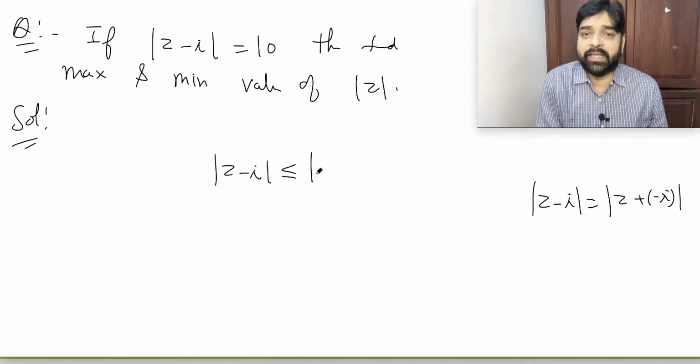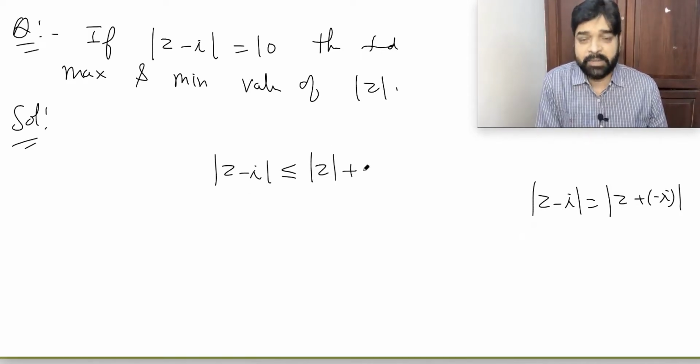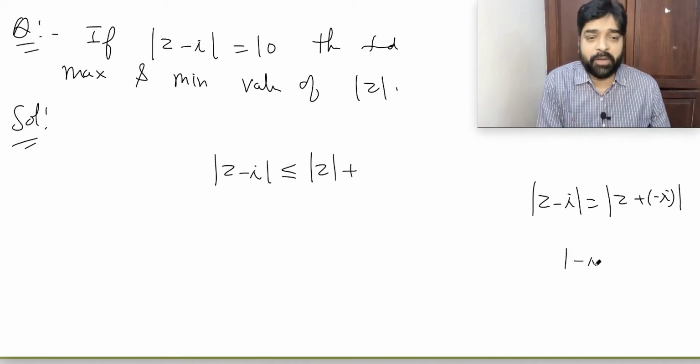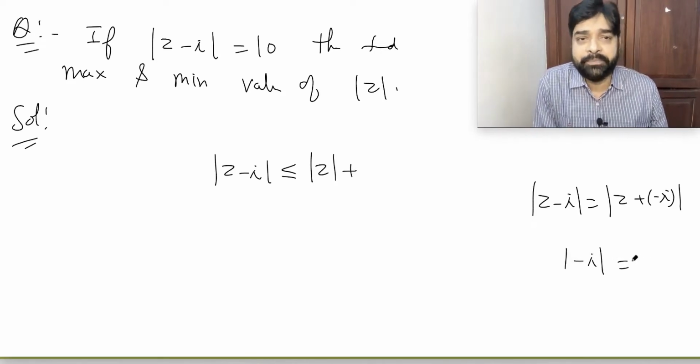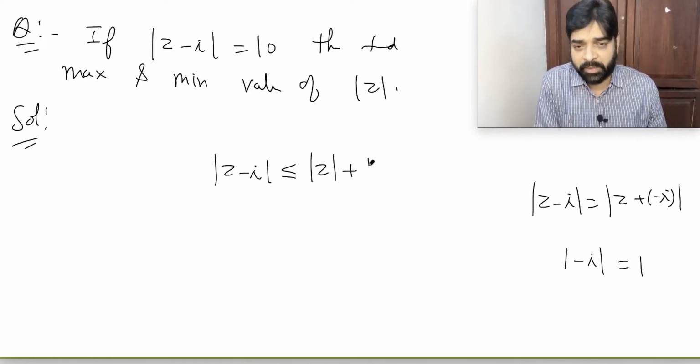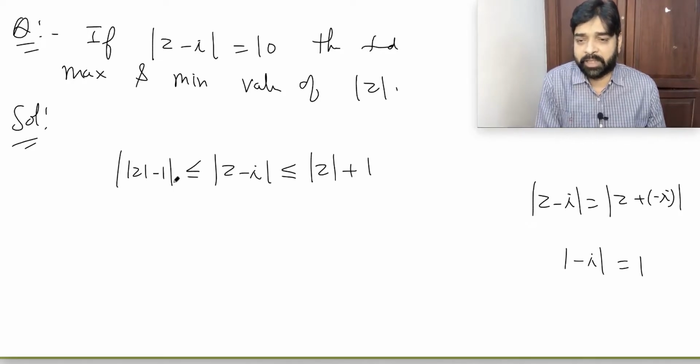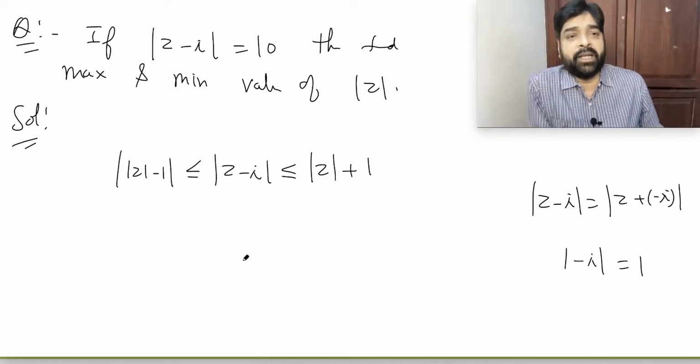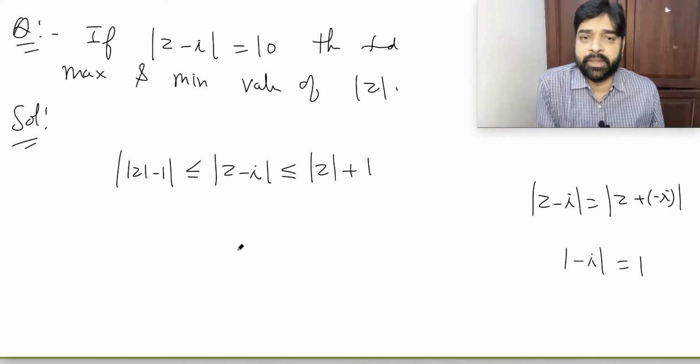It will always be less than or equal to mod z1 plus mod z2. Mod of z2 means mod of minus i. What is the mod of minus i? 1. Right? Mod i is 1, so mod of minus i will also be 1. It will be greater than or equal to mod of mod z minus 1. Till here everybody understood. Is it clear?